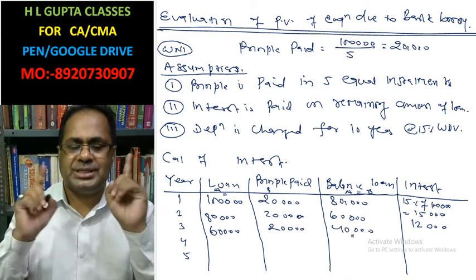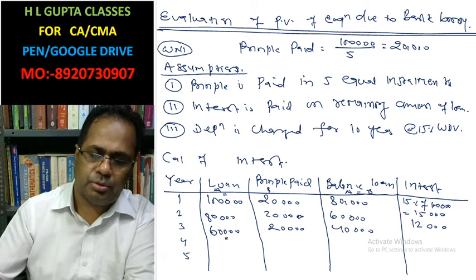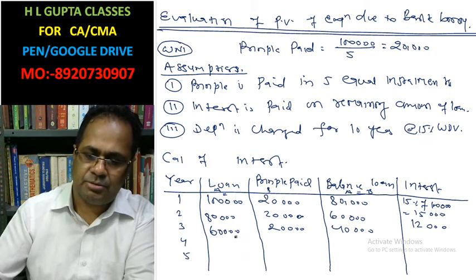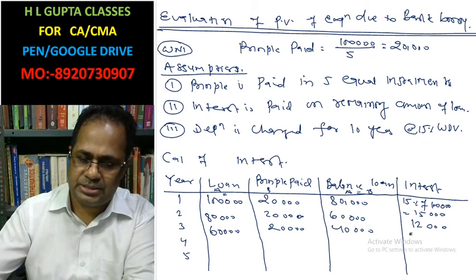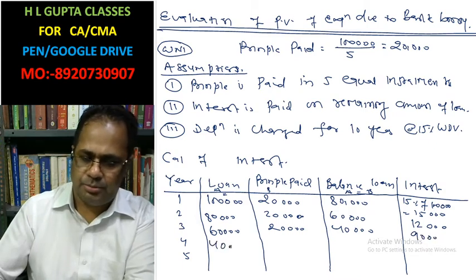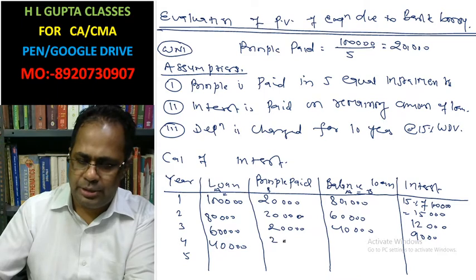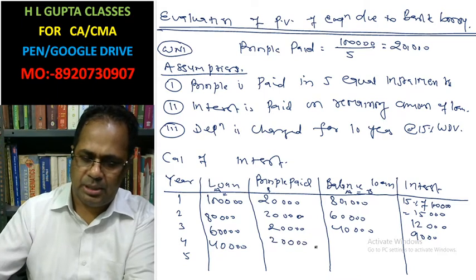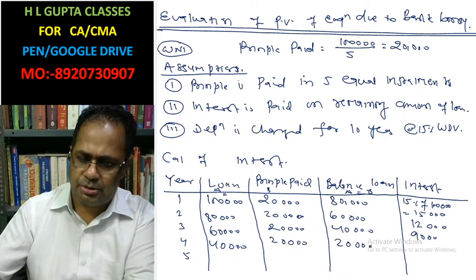Interest is always charged on loan, balance loan amount. The 60,000, 15% of 60,000. This is 9,000. 40,000. 20,000 you paid the principal, and thereafter this is the 20,000.